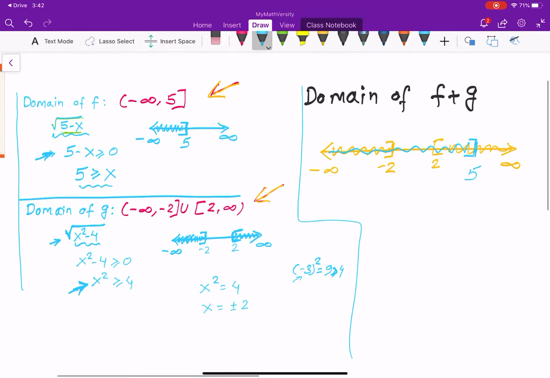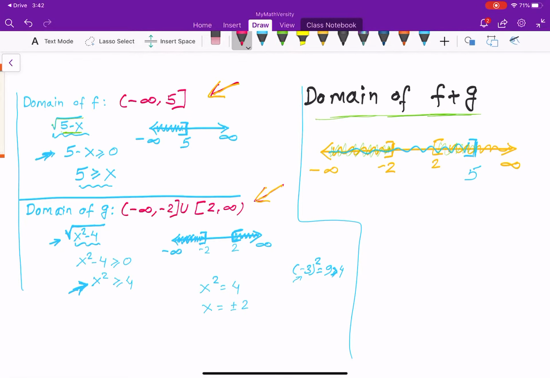Okay, so what is the common domain between these? Where do the two colors overlap? You can clearly see it overlaps somewhere over here, up to negative 2, and then between 2 to 5, and that is the common real numbers which are in both the domain of f and the domain of g. So those real numbers have to be in the domain of f plus g.